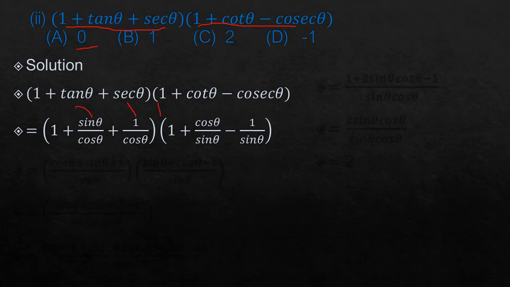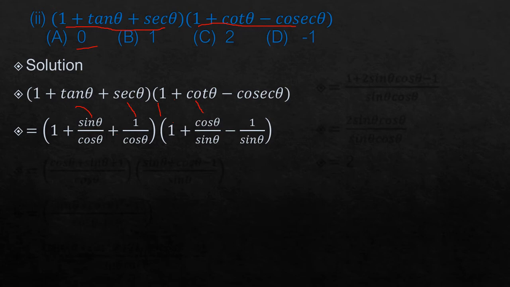Again bracket started, again 1 plus cot theta is changed to cos theta upon sin theta, and minus cosecant theta is changed to 1 upon sin theta. Okay students, understood up to here?